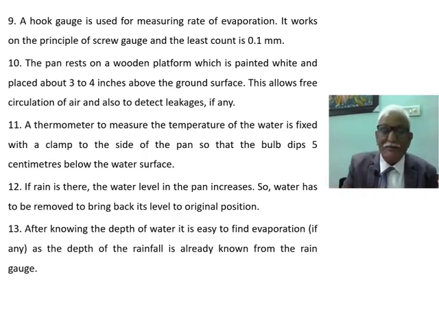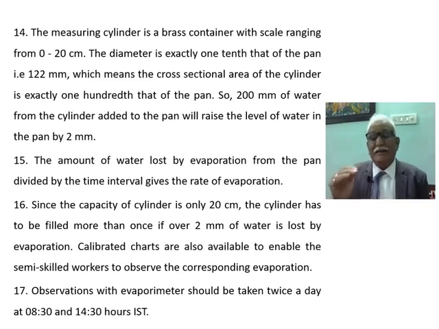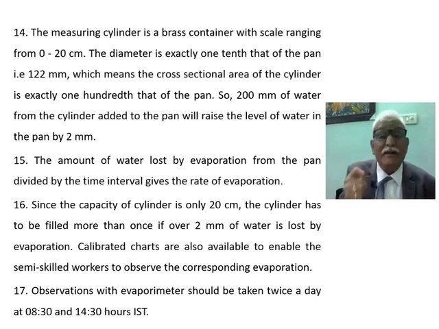Now, the measuring cylinder is used to add measured quantities of water either to be added or to be removed depending upon the situation. Added when there is no rain, removed when there is excess rain. A measuring cylinder is a brass container with a scale ranging from 0 to 20 centimeters.